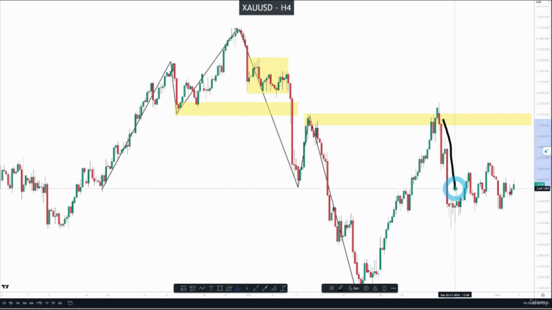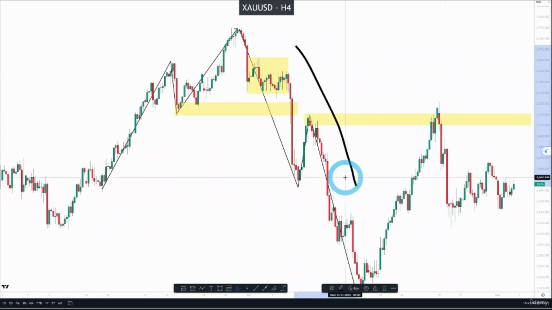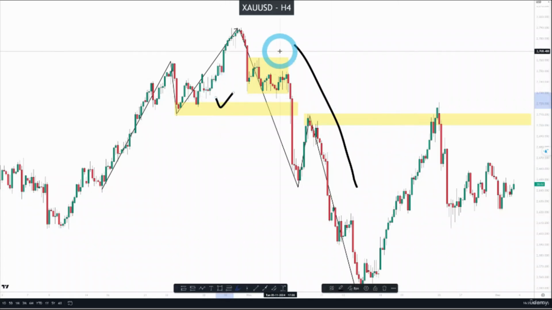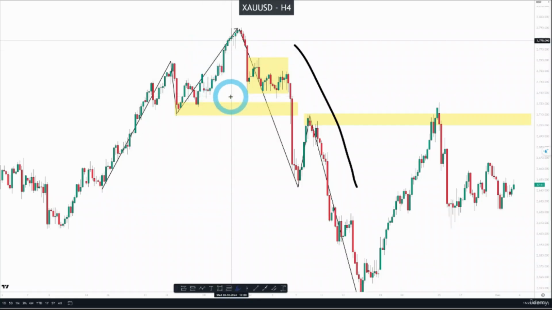If the market is respecting the Dow chain like this, it means that the Dow chain is correct, and if the Dow chain is correct, the up key level right over here is also correct.